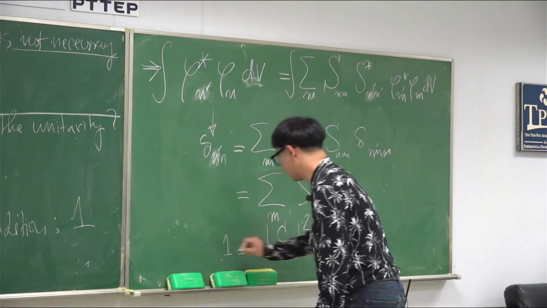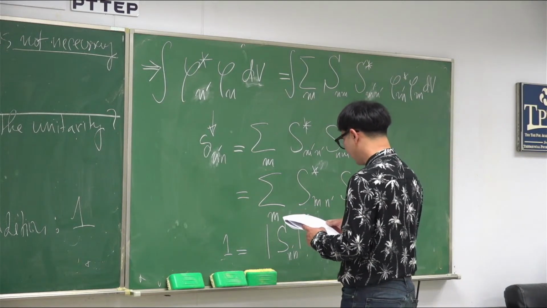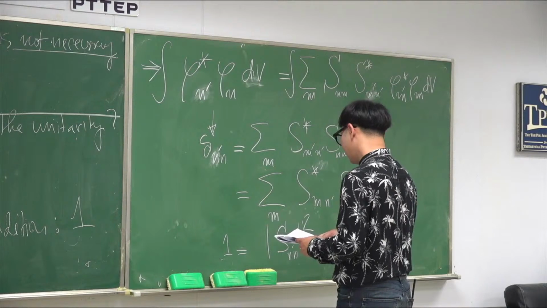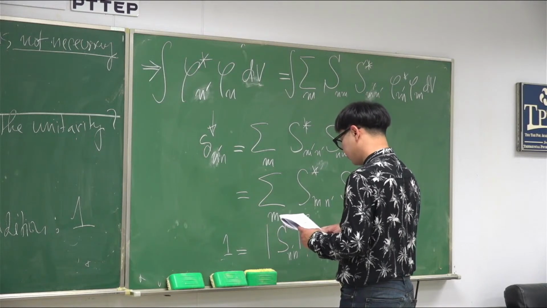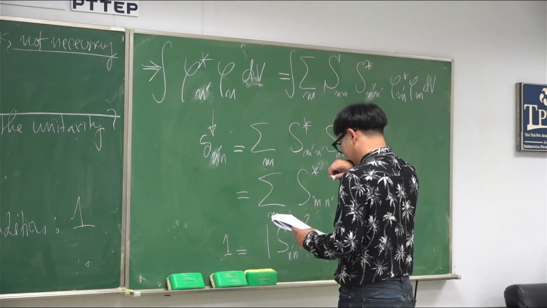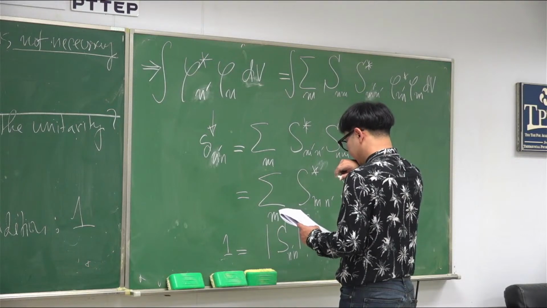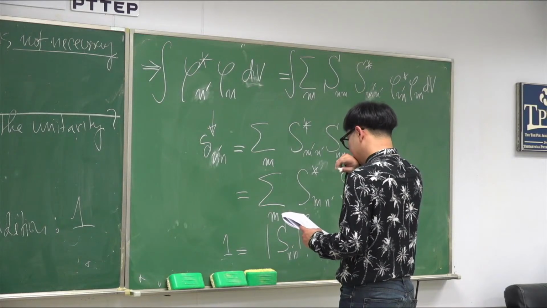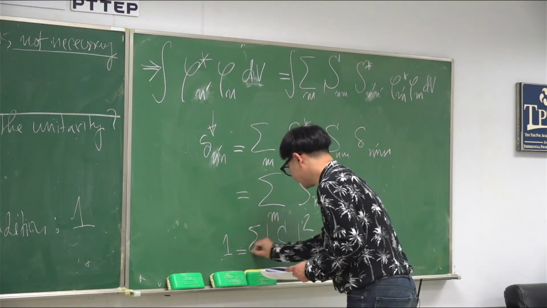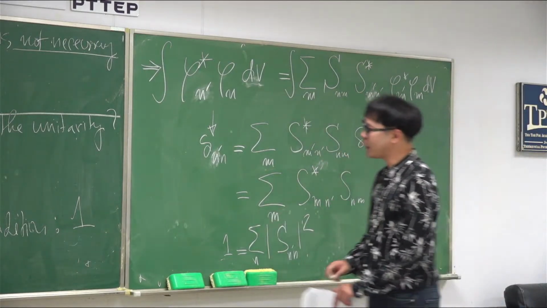Right, and then you get 1, okay? Do I need to put the summation over N? Yes, otherwise it is not satisfied. Okay, I think that's right now.